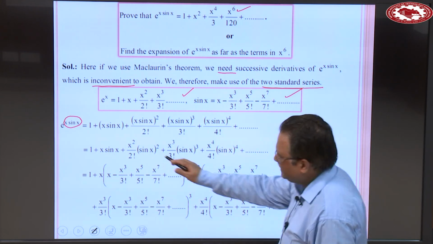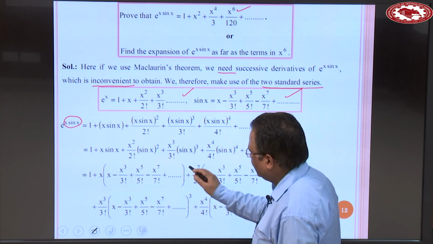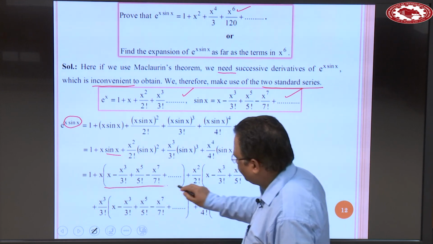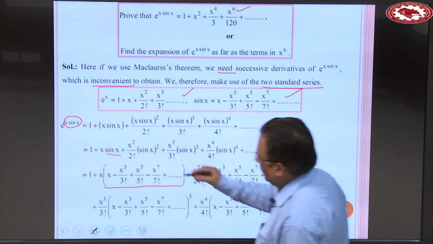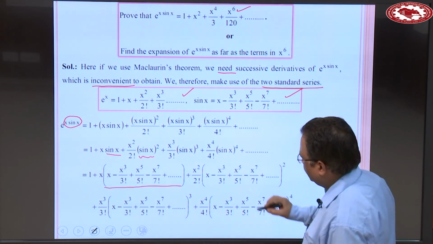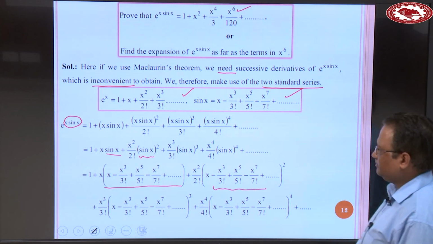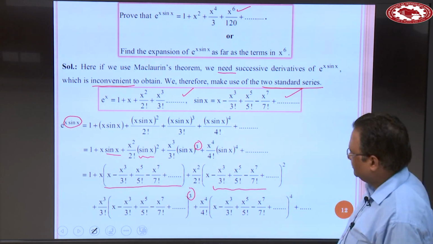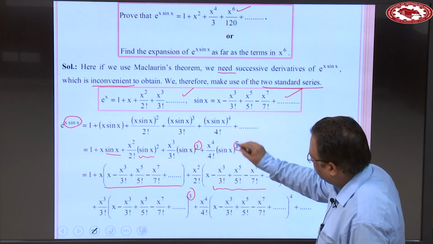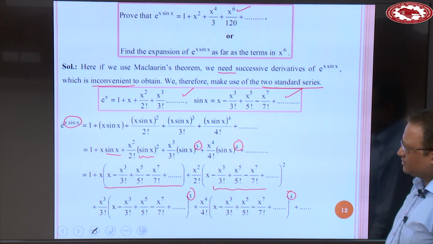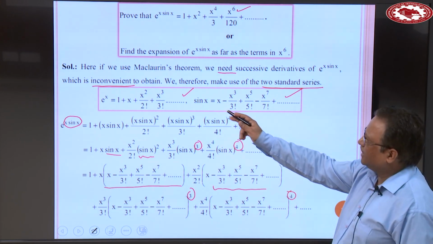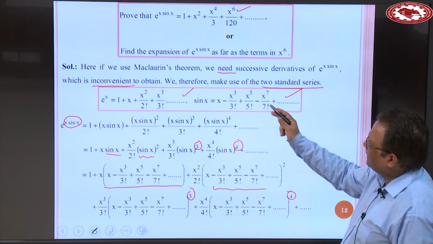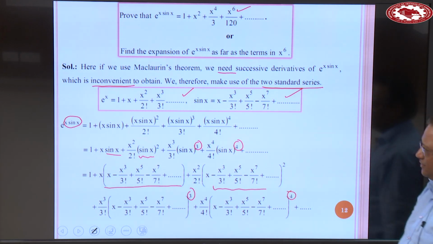So, sin x square means this term squared, here power 3, here power 4. So, just apply sin x is equal to x minus x cube over 3 factorial plus x5 over 5 factorial minus x7 over 7 factorial plus and so on.